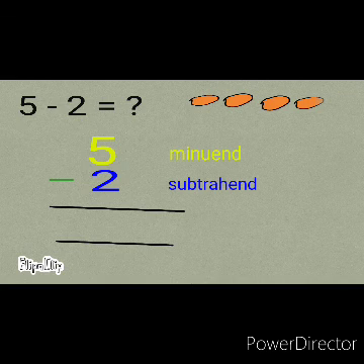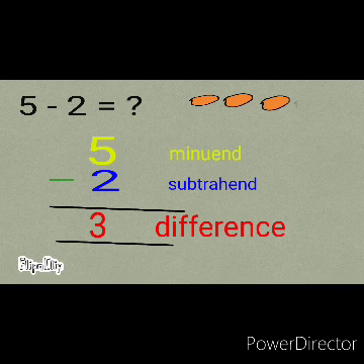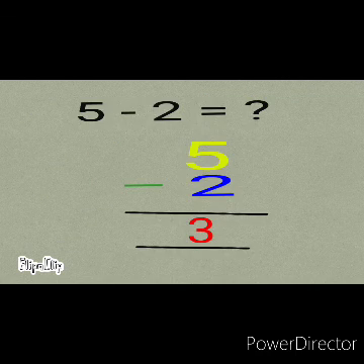We take away 2. So the answer is 1, 2, 3. So the difference is 3. Always remember your minus sign. So this is how the working out column should look.